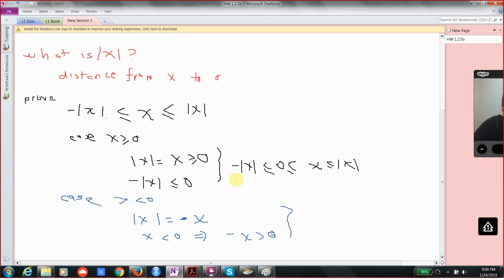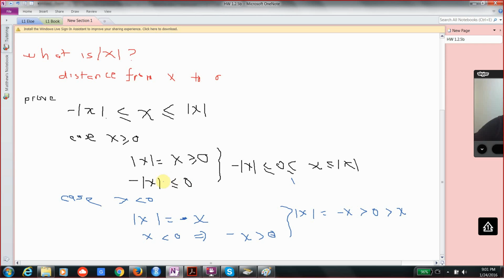The absolute value of x, which is equal to minus x, which is greater than 0, which is greater than x.